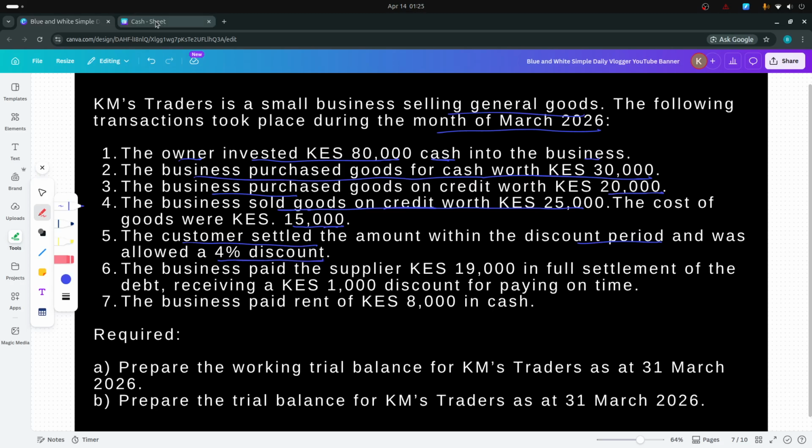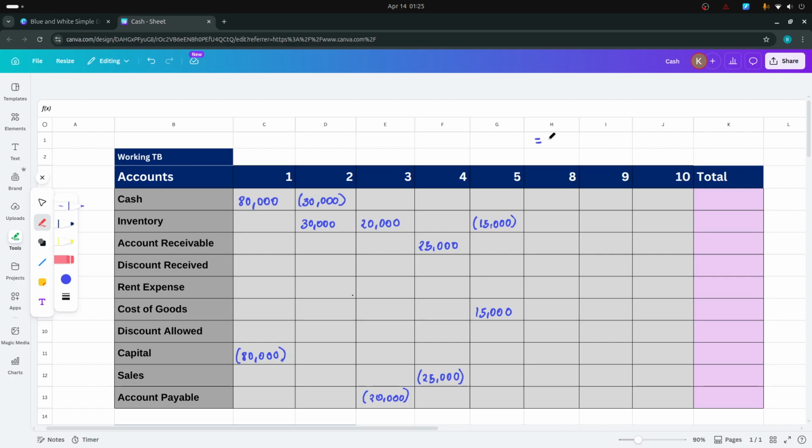Okay, so let us first calculate the discount that they were allowed, which is 4% of 25,000. Remember, we sold the goods at 25,000, and you're going to see this is 1,000. So the client paid 25,000 minus 1,000, and the business received cash of 24,000.